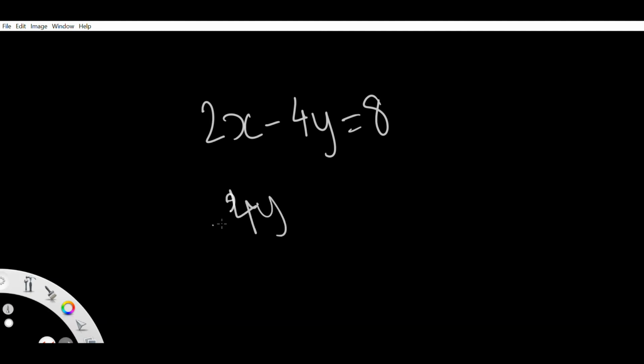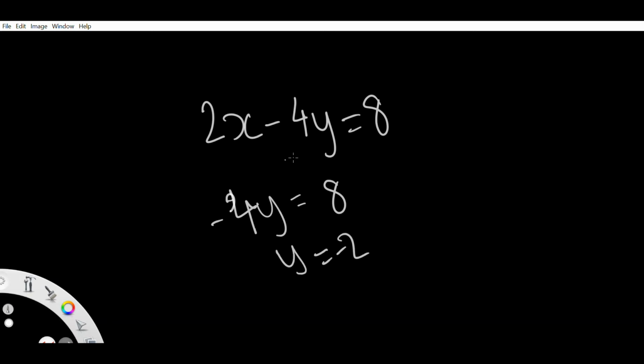So now let's look at a problem. We have 2x minus 4y is equal to 8, and they want us to find the x and y-intercept. So to find the y-intercept, we need to substitute 0 for x, so we would get negative 4y is equal to 8 and y is equal to negative 2.